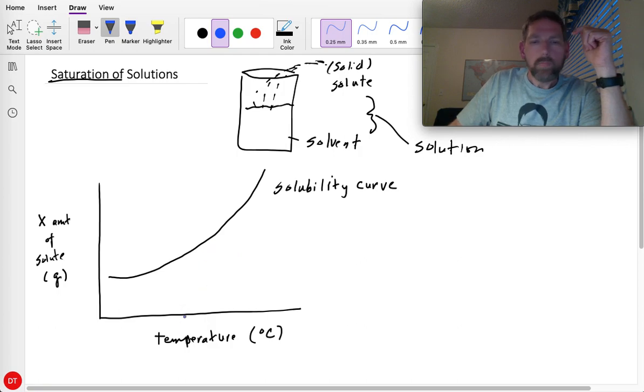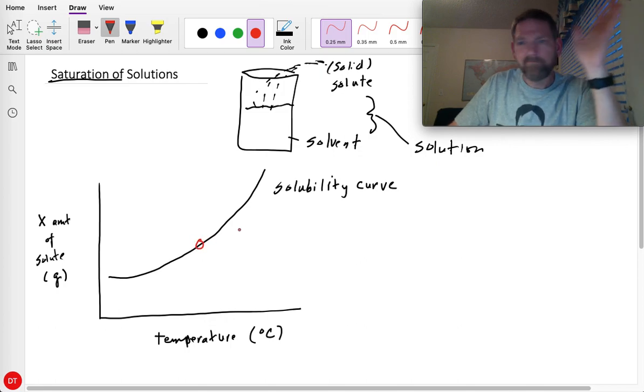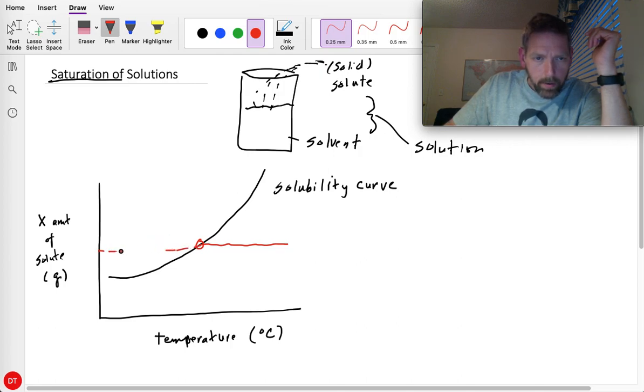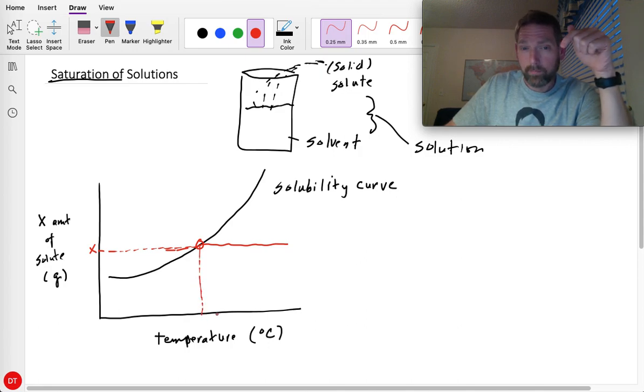So at any given temperature, I'm just going to pick this spot right here, okay? Just arbitrarily picked it. What we're saying is if I had this amount, if I had X amount of solute at this temperature, then I would have a saturated solution.